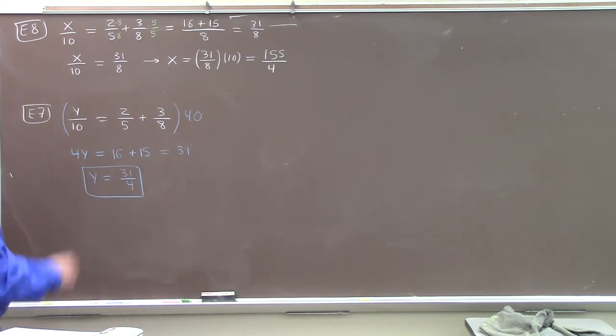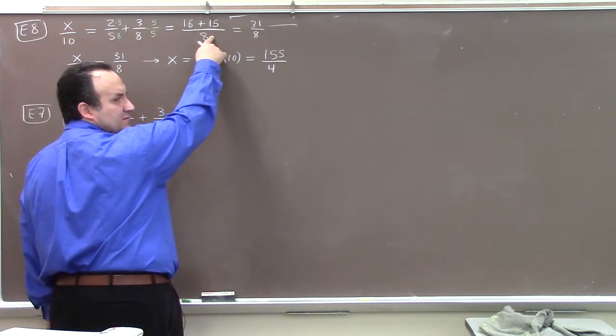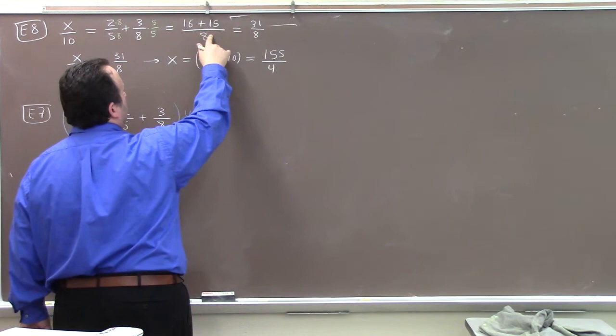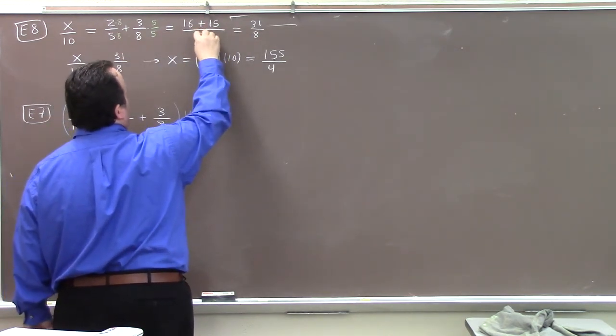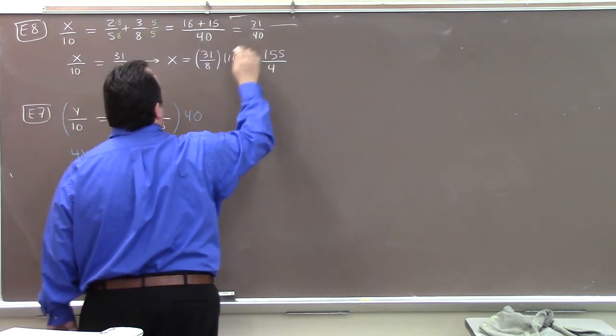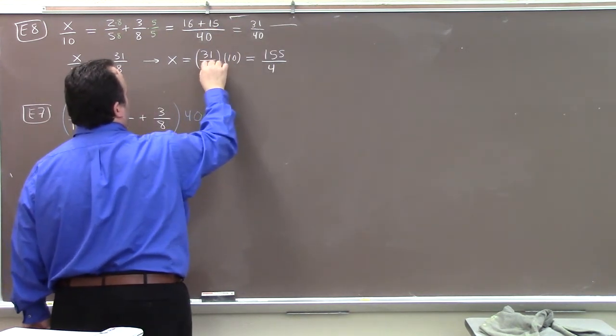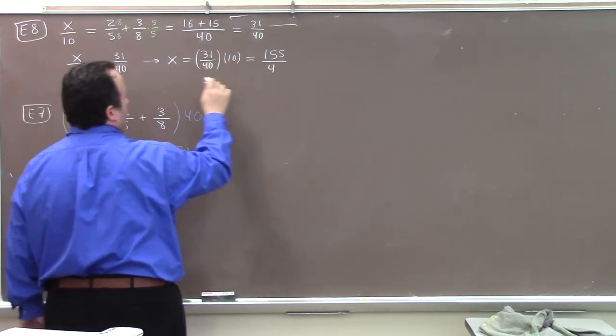Oh, I know the problem. This was not an eighth. What was this? 5 times 8, yeah? This was supposed to be 40. My bad. That was 31 over 40. See? Sorry.